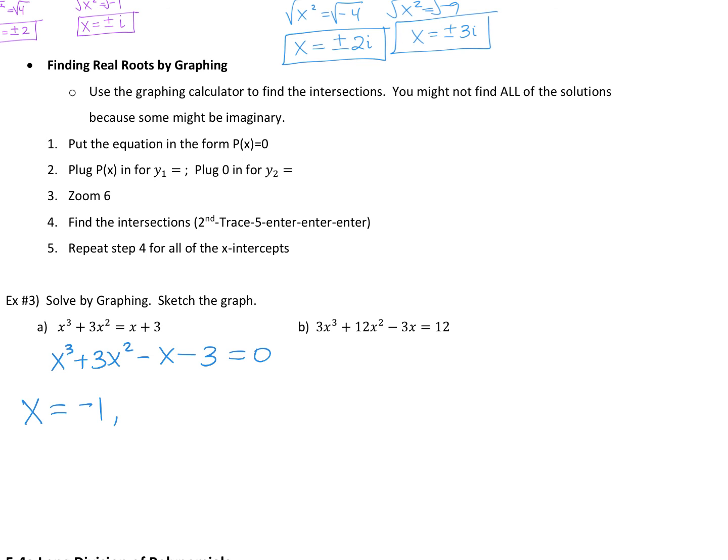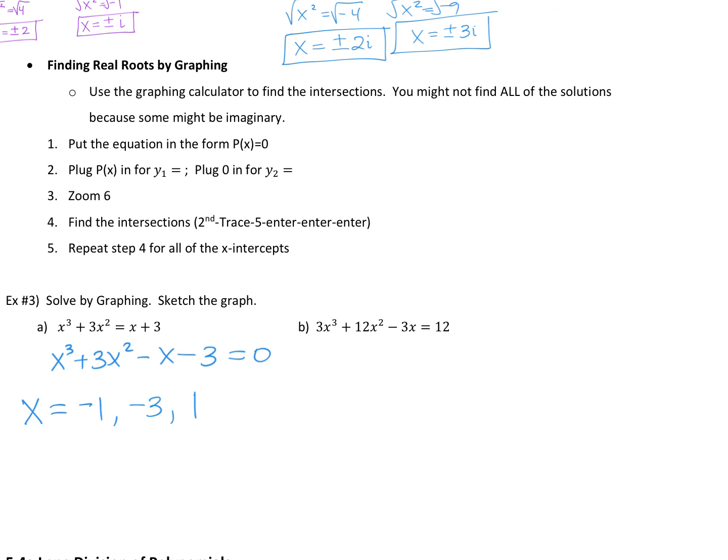Arrow over, hit enter, enter, enter, and you get -3. I'm going to do it one more time, going to the other one. Second trace 5, arrow way to the right, and then enter, enter, enter, and you get x equals 1.